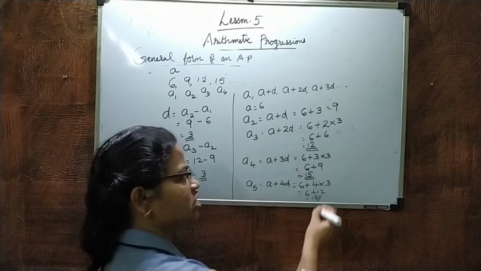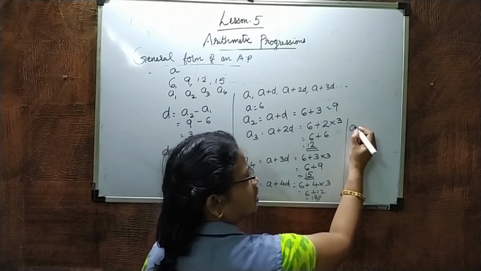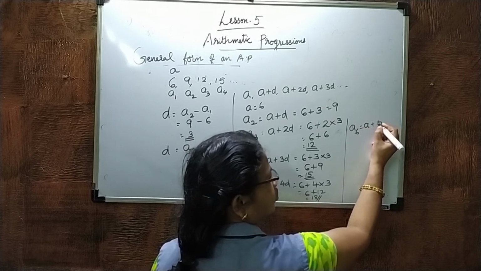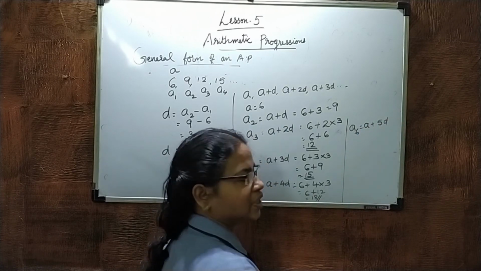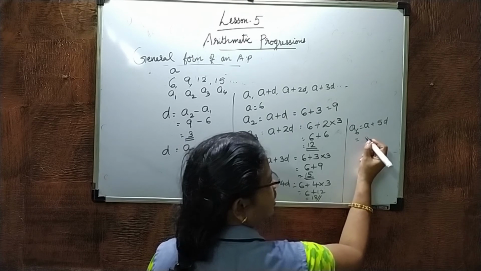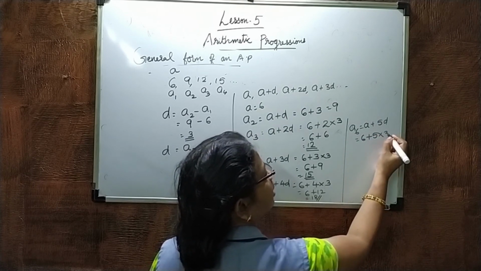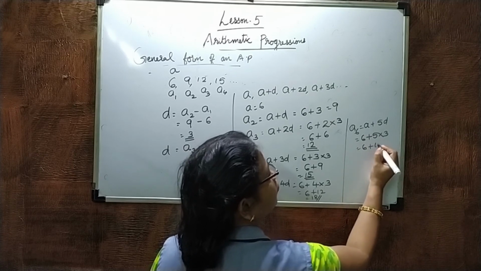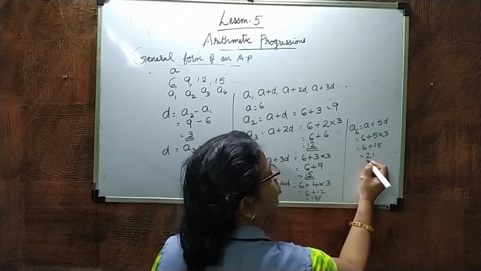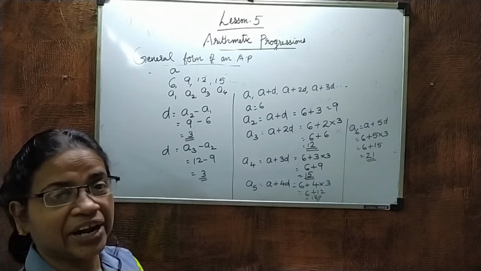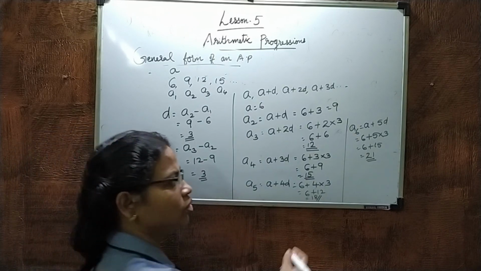Clear? If you want the next one, A6, how will you find out? Sixth term, it is A plus 5D. Right? So, it will be A6 means A plus 5D, A is 6 plus 5 into D is 3. So, it is 6 plus 15. You will get the answer 21. If you find the 10th term, what you should do?